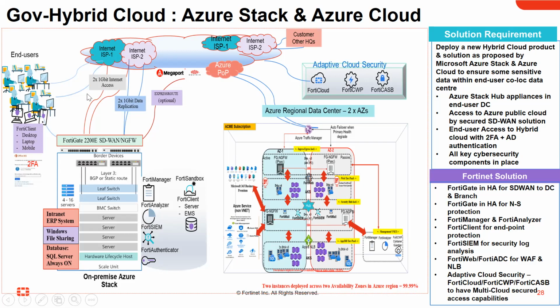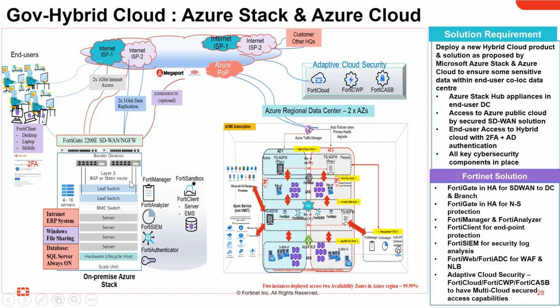And the left-hand side is a solution recommended by Microsoft, leveraging Azure Stack. It is considered a private cloud solution, but within this Azure Stack and Azure Cloud mechanism it can form a hybrid cloud solution for you. Within this Azure Stack, we also deploy a similar solution, say FortiGate, SD-WAN, and next generation firewall functions here.